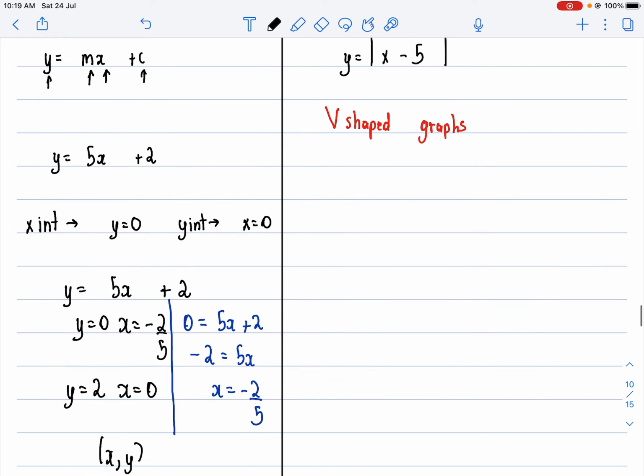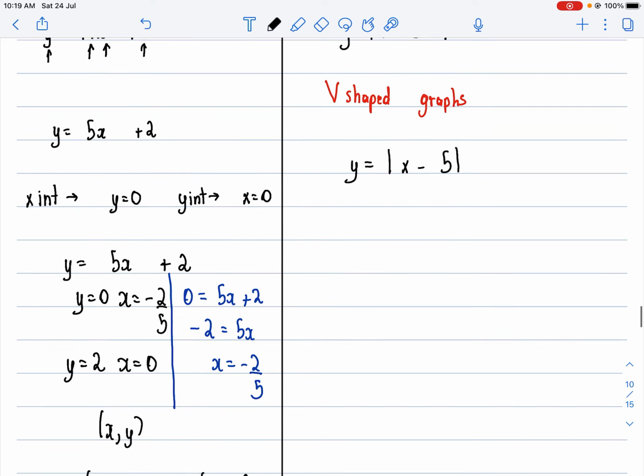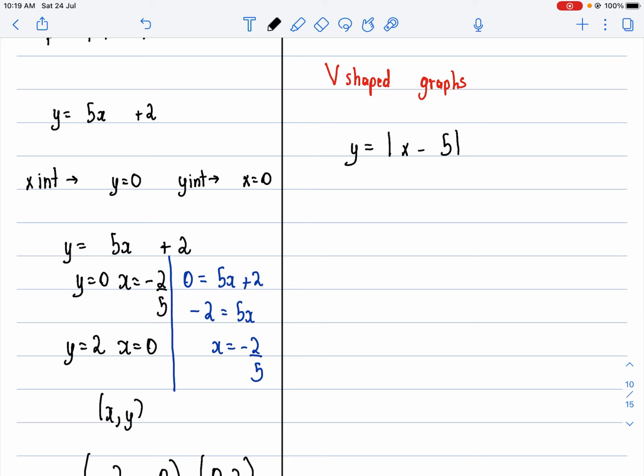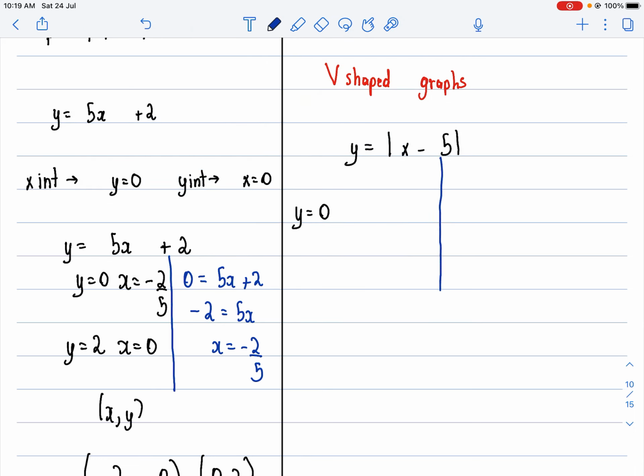In the same way, let's say I have the modulus function here, y equals the mod of x minus 5. First find the set of coordinates. So I take my y as 0 here. When I take my y as 0, I'll again do the working in blue.